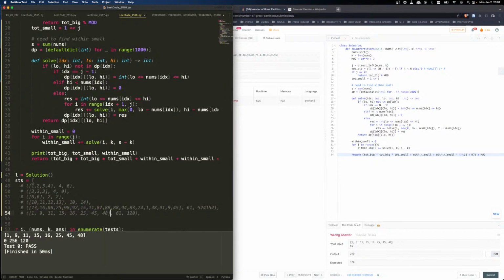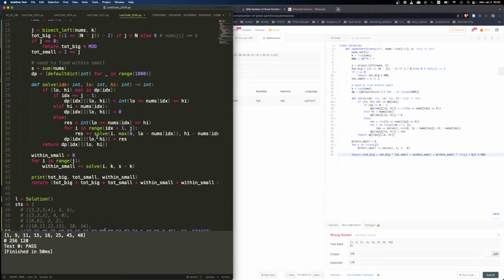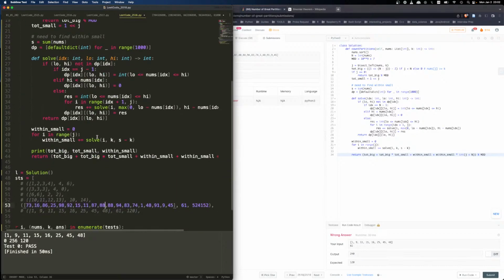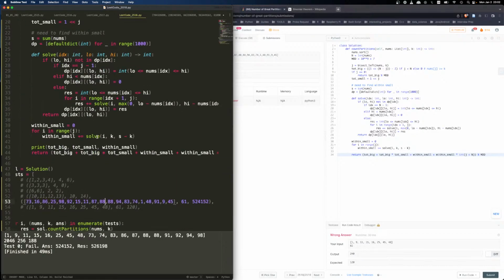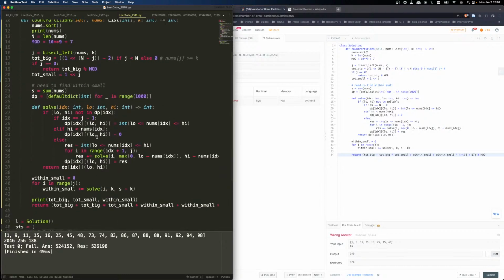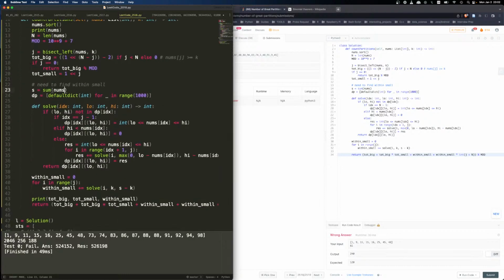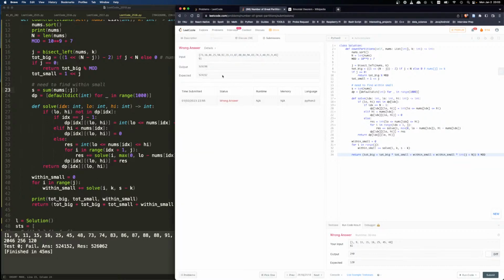This one works. This one doesn't work. Something is not right. Oh, the S. There we go. Now we bring it down. Still not right, but we'll bring this one down from this to this. We still 2000.